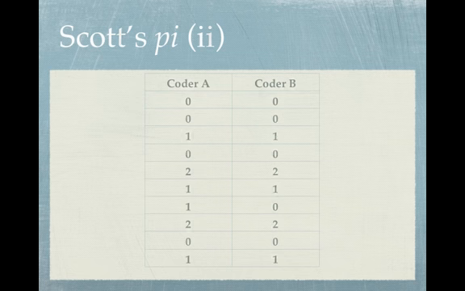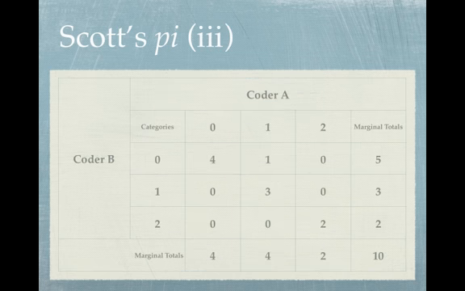So the first thing that we need to do is transform this into a table of categories and marginal totals. And here, as you can see, it's a diagonal table, meaning that there are certain things that are shared diagonally between the two coders. So we have coder A and coder B, and we have the categories as rows and columns.